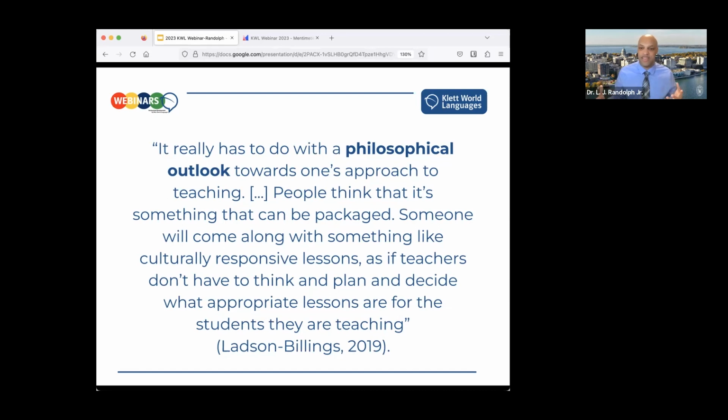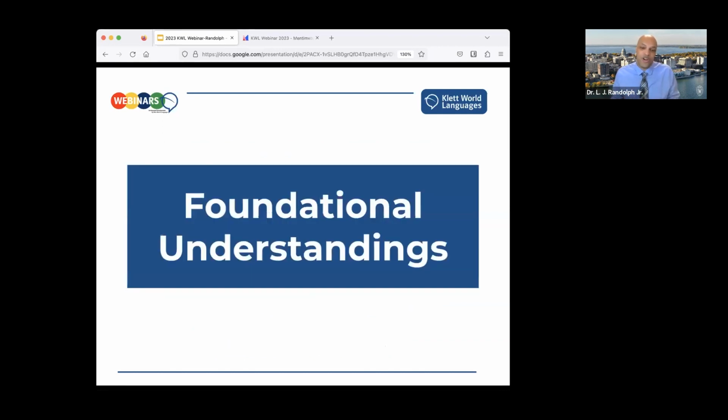People think that it's something that can be packaged, someone will come along with something like culturally responsive lessons, social justice lessons, whatever. And teachers don't have to think, they just have to do whatever the lesson says. And that's really not the case. It's context driven, and it matters. The identity of the person who's teaching it matters, and the identity of our students matter. So that's where I would like to start, with some foundational understandings.